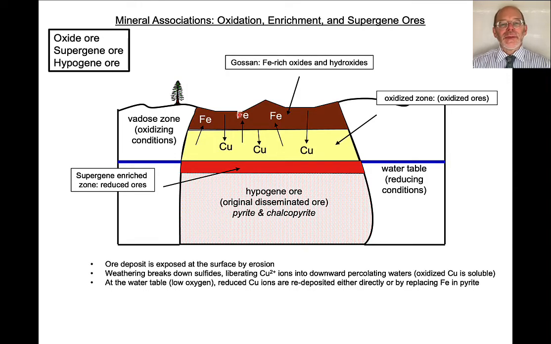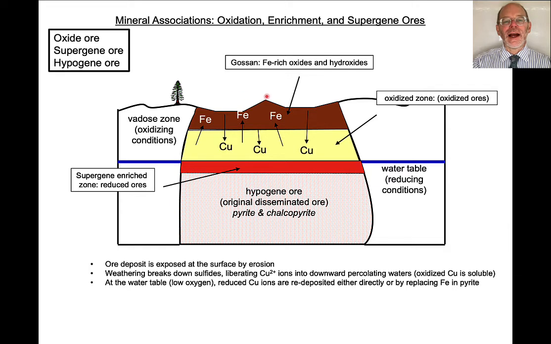You can have very high temperatures at shallow levels, as we saw, for example, with the black smokers. This is the anatomy of a porphyry copper deposit. So the way these form is they start with an igneous pluton that has disseminated sulfides, typically pyrite and chalcopyrite. So these are just scattered throughout the pluton. When the pluton is exposed at the surface, there is an oxygen gradient between the subsurface and the surface.